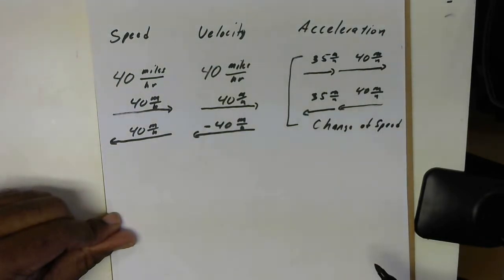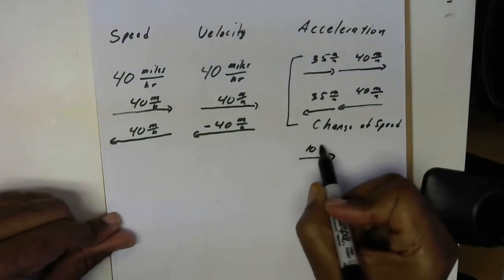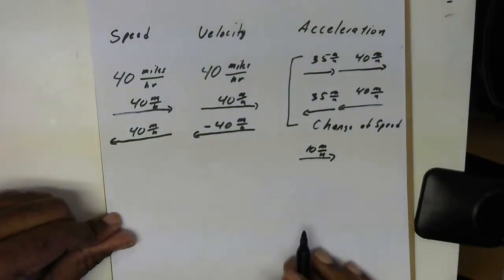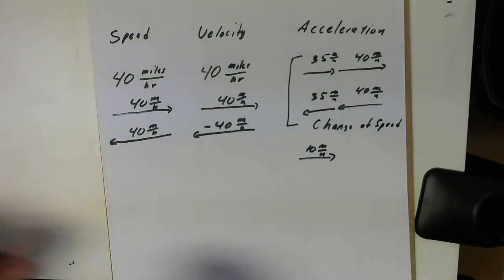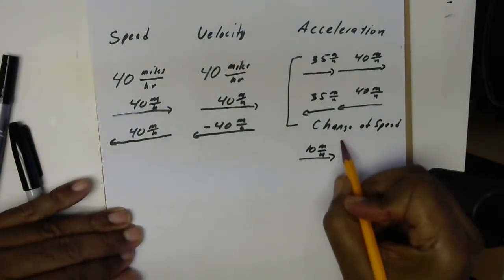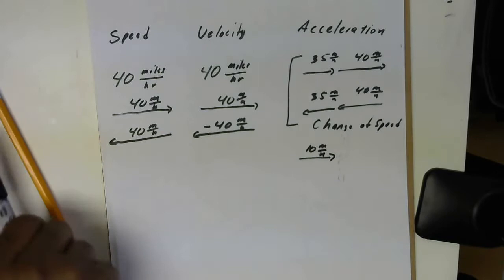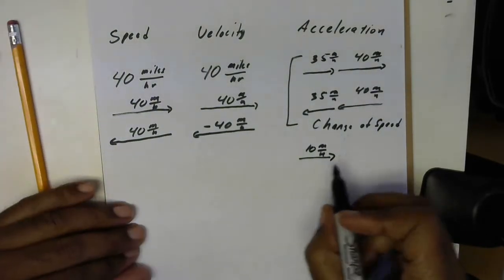Let's say I'm just driving very slow, 10 miles an hour. So this is me driving 10 miles per hour. And I come to an intersection. I'm just going to go straight through the intersection. So on this side, I'm going 10 miles an hour.